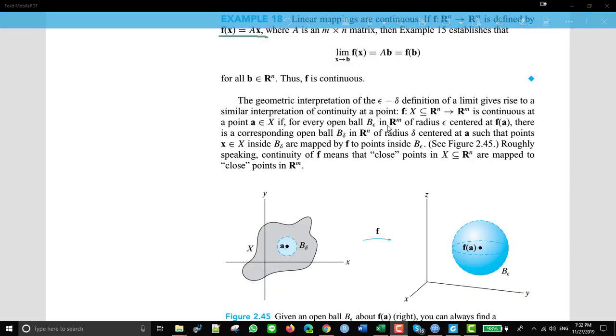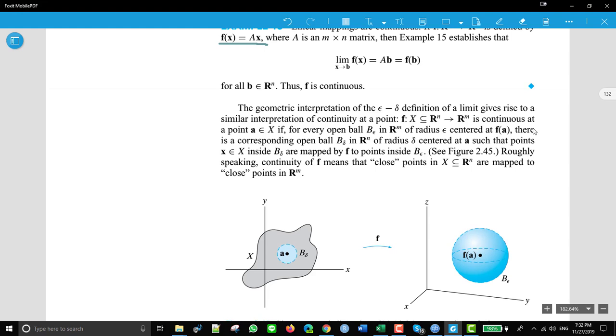Okay, so you can read this. She says, notice that the difference between this picture and the picture that we had before is that before we didn't write f of a, we had L there. So we said if we draw a sphere around L, and L is actually a vector, because we're working with vectors in this scenario.